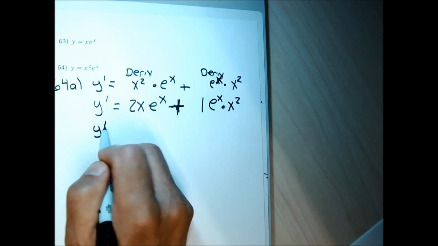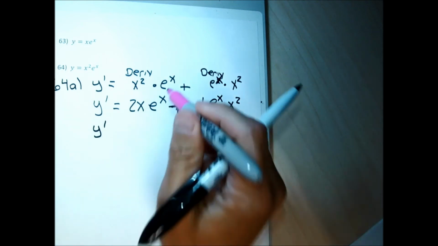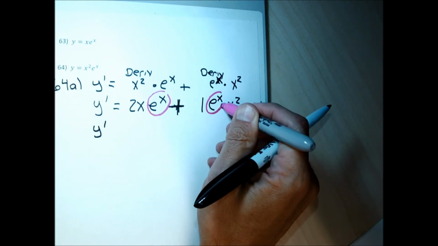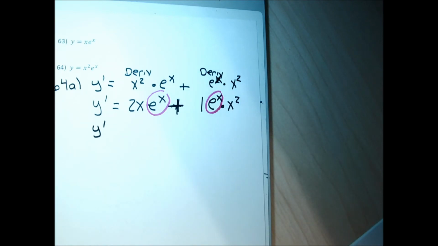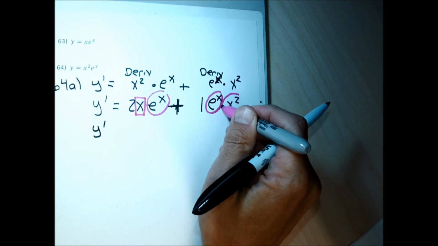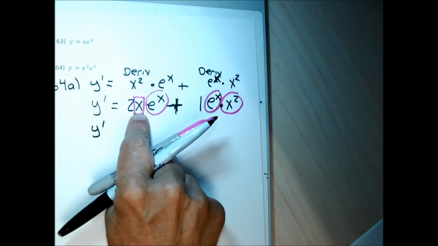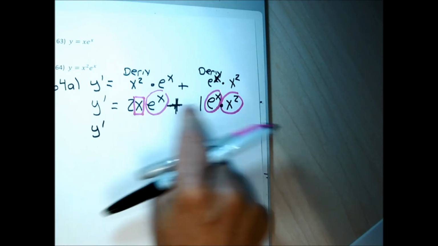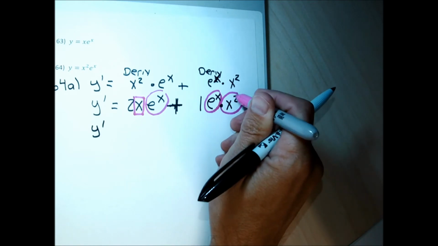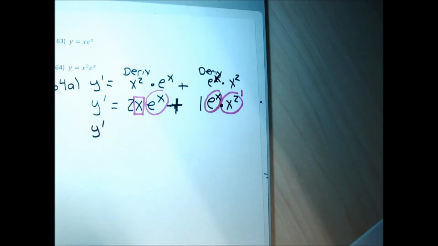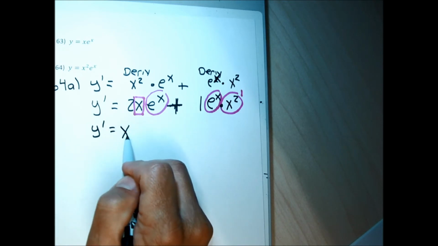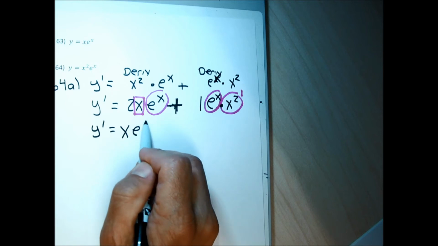For this problem, there's a common factor that I should factor out, and that common factor is an e to the x and an x. And when I take an x away from this side, that x is completely gone. But when I take an x away from this one, there's an x squared. When you factor an x out, you're going to be left with an x to the first power. So I'm going to write my common factor, a single x to the first power, and then an e to the x.